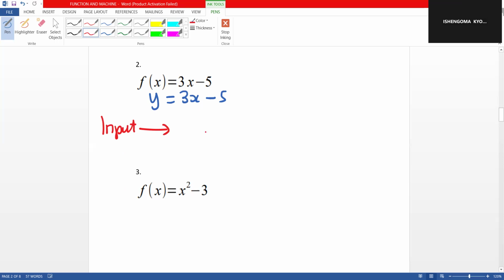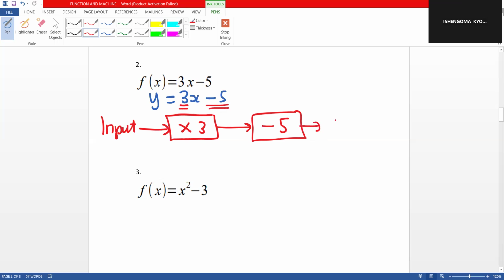Then the first act will be multiply by 3 because that is the nearest to x, and remember, our x is our input. Then after multiplying by 3, we will subtract 5. By doing that, automatically we will get our output.